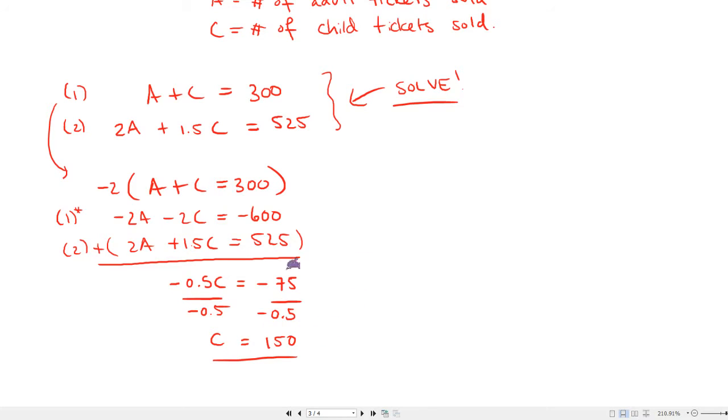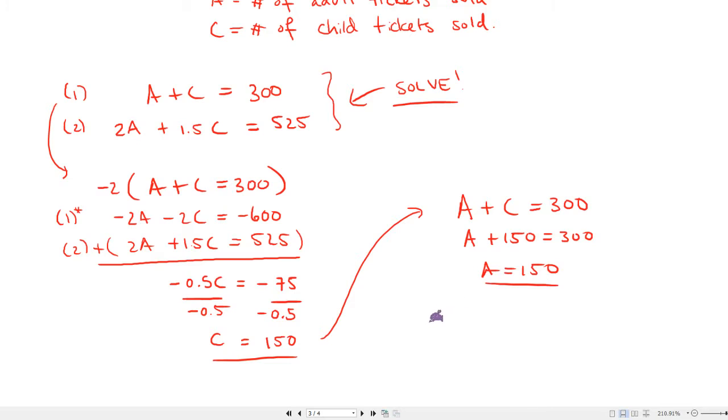So the number of tickets sold to children would be 150, which would mean that A plus C is 300. So A plus 150 is 300. So subtracting 150, A is also 150. So that's it. So A is 150 and C is 150. So the number of adult and child tickets was the same, and it was 150 for both.